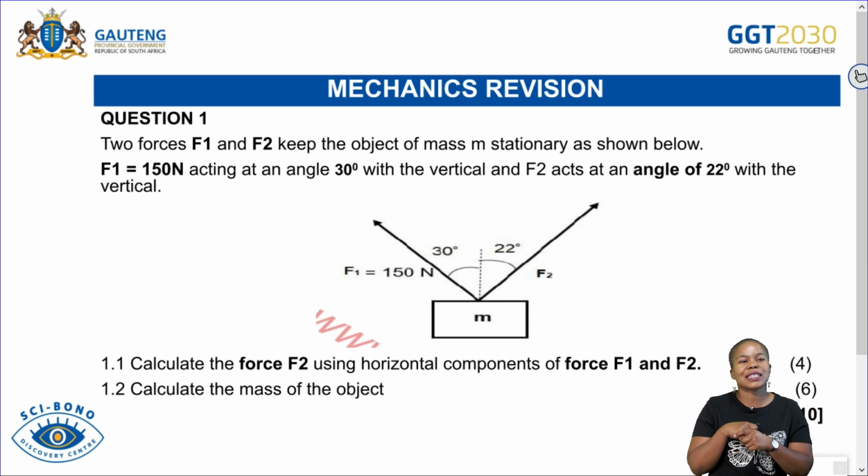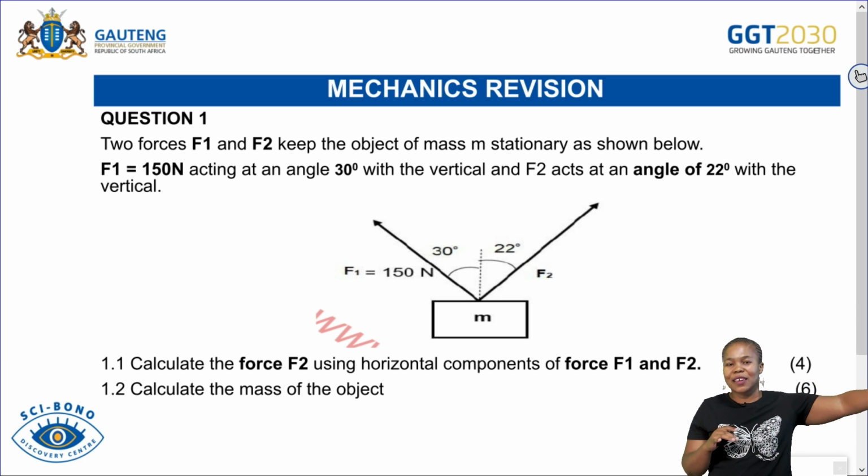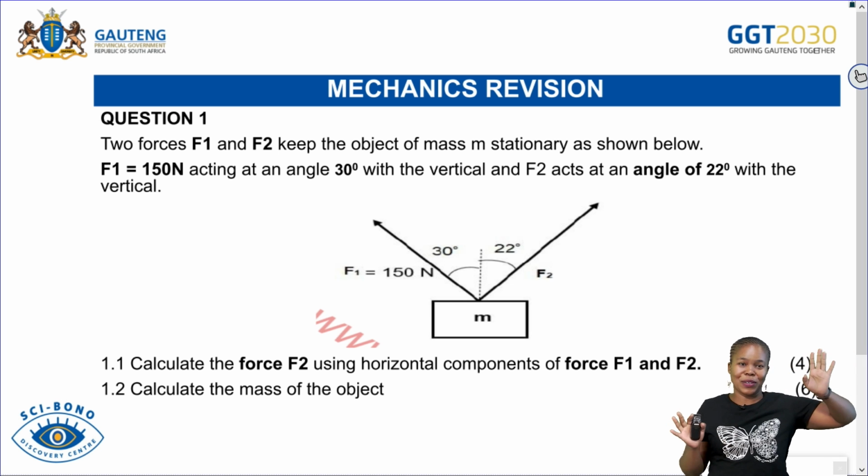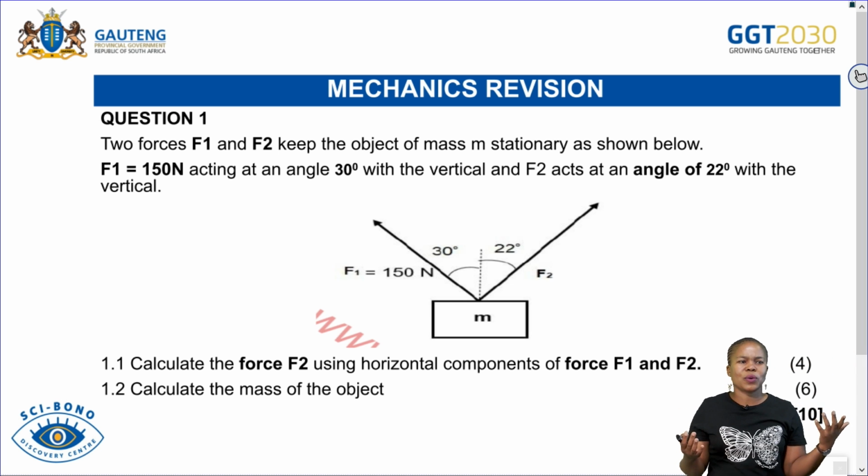The first question says calculate the force F2 using the horizontal components of F1 as well as F2. F1 is given to us as 150, however our F2 is not given. So what are we supposed to do with this one?